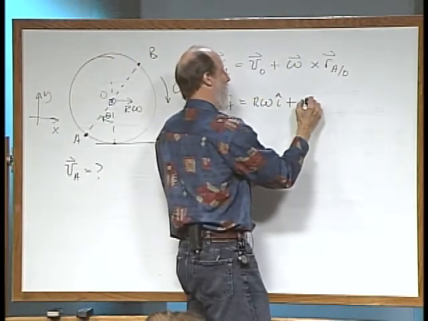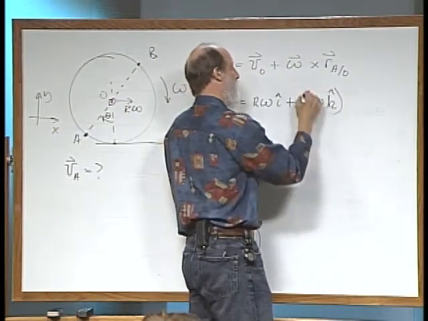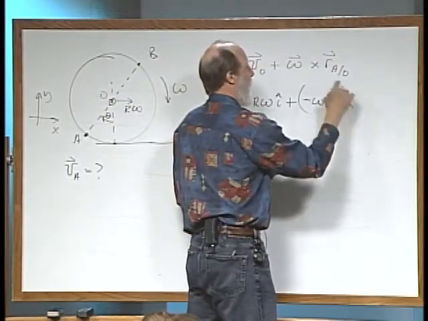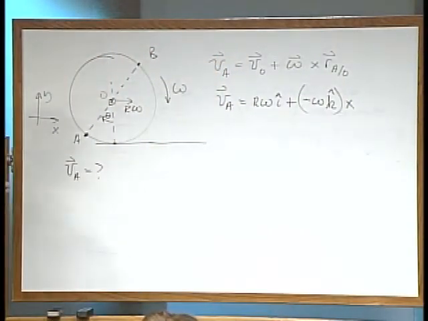So it's a negative omega k hat, cross that with r of A relative to O.